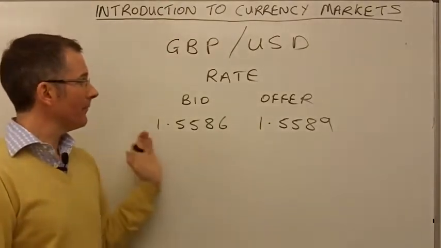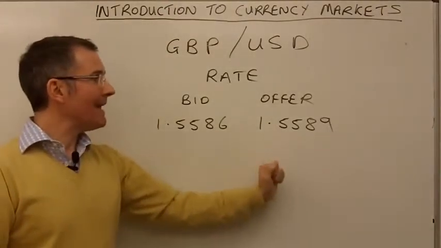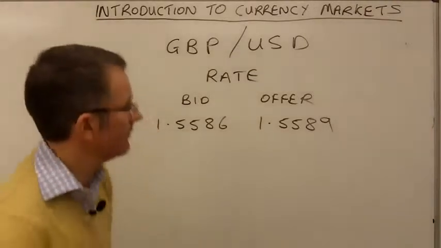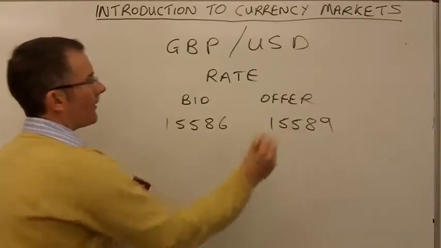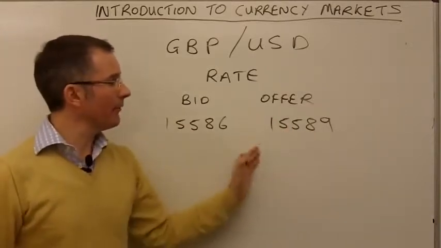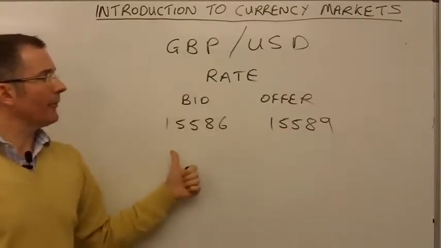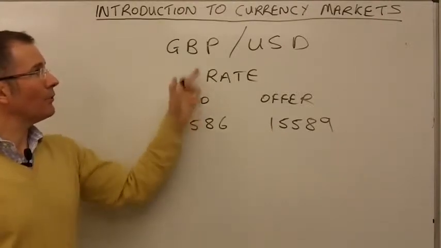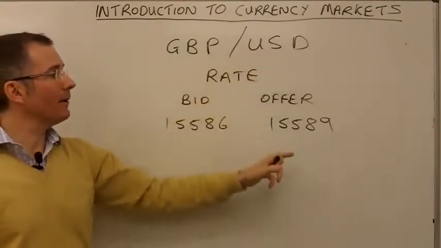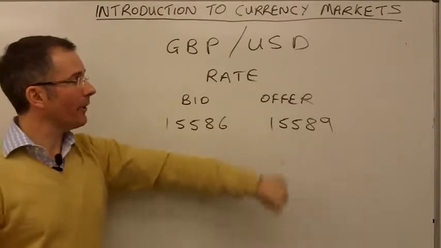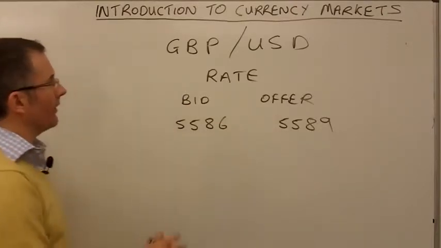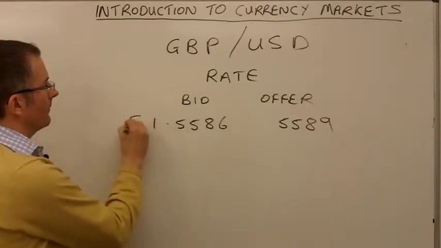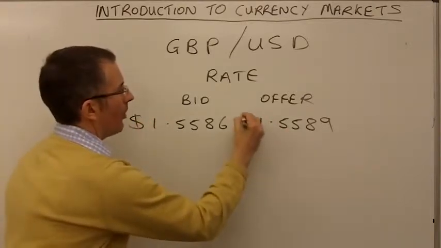Now, on a screen, it won't necessarily say that this is a dollar rate. It may just appear like that. It may even appear like that. But everybody knows that this is a currency quote. Once you know that you're dealing with this pair, you know that these are dollar amounts. And so let's just turn that into, for the sake of this example, something that looks a bit more normal.